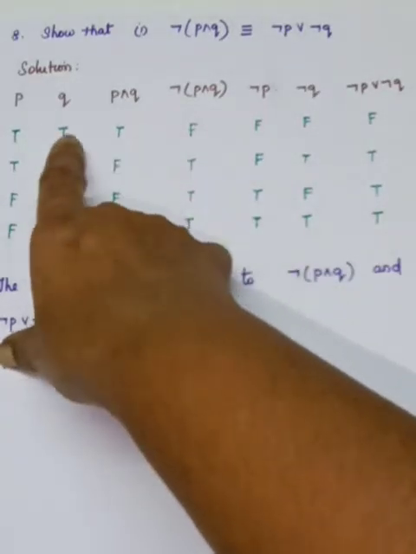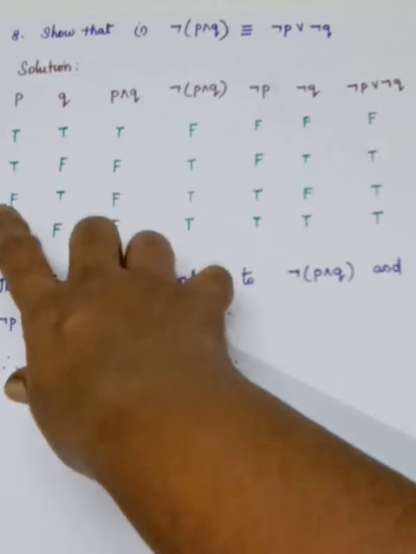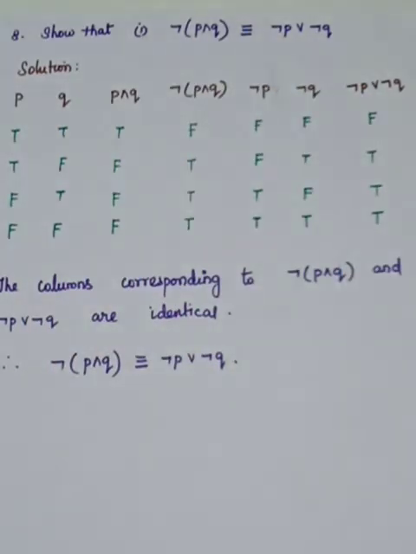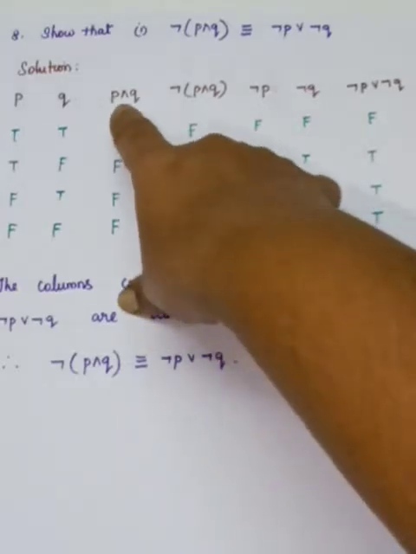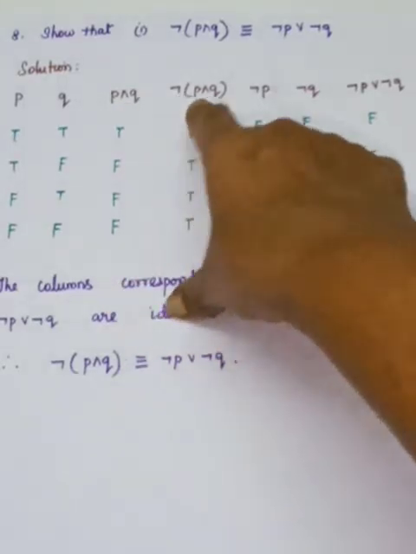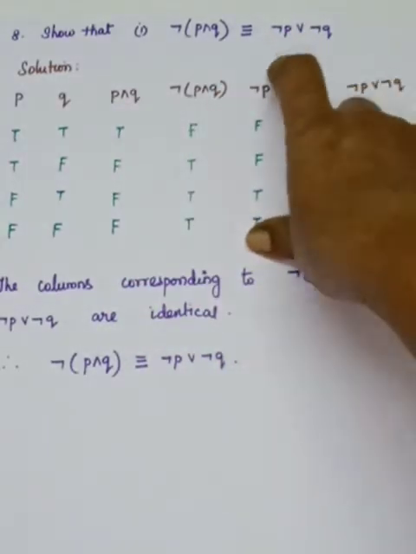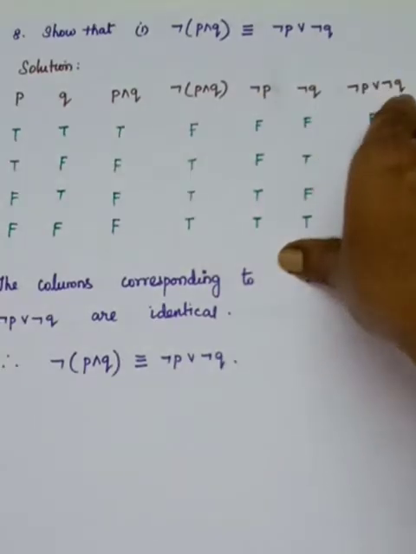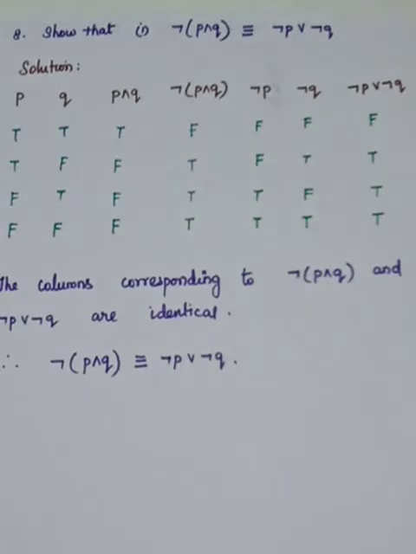True true, true false, false true, false false. Then you have to write the compound statements. So P and Q. Next, negation of P and Q. Coming to here, what are needed? Negation P, negation Q, and negation P or negation Q. So we have to find these.